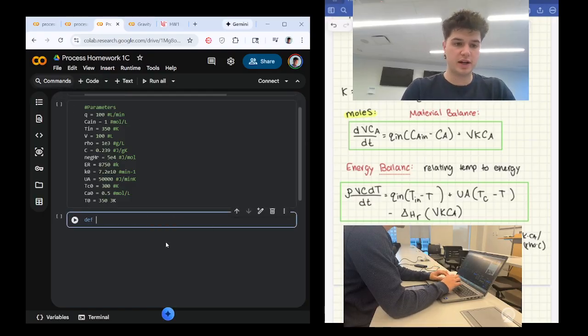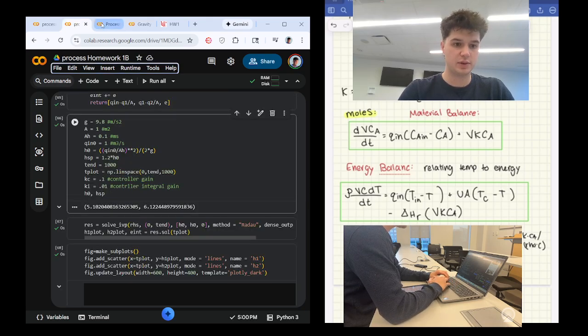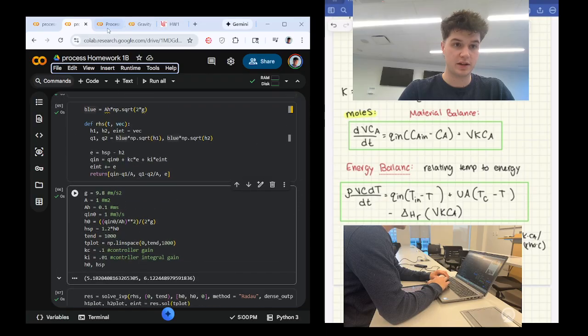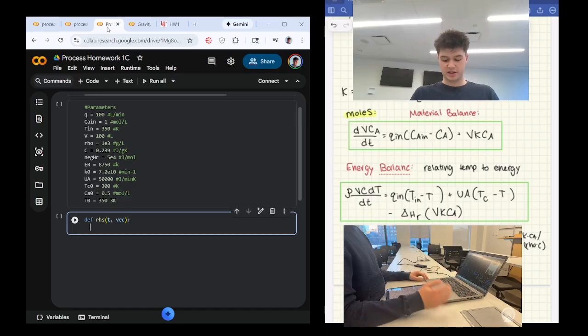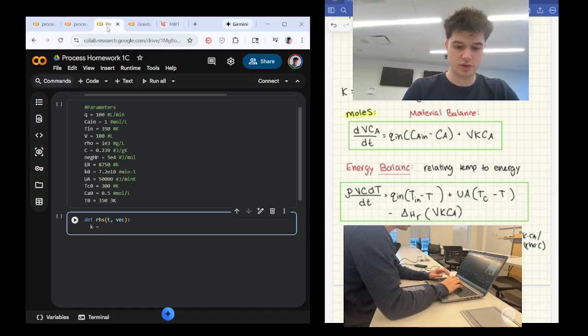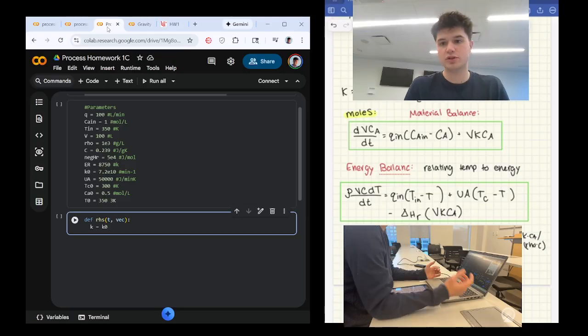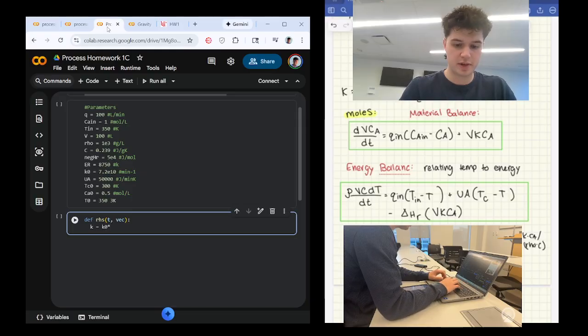First, we're going to have to define the right-hand side, T, VC. Now, we don't have heights anymore. We are going to have variables like K equals K naught, and we're getting these equations from the material and energy balance equations. We're going to multiply this by np.exp of negative ER divided by T.